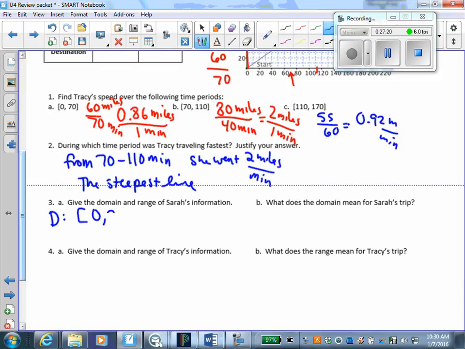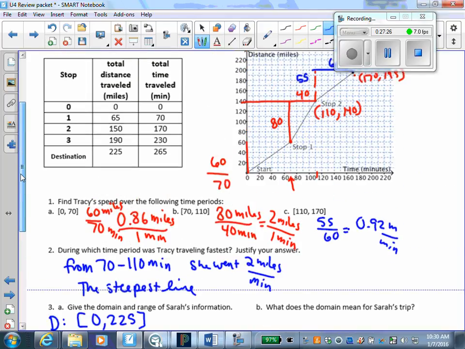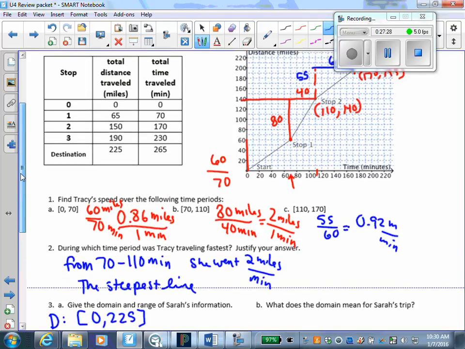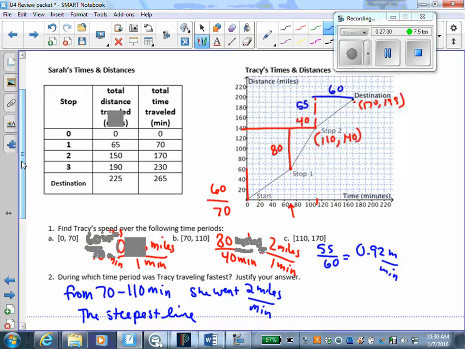And then the range is the time traveled. You know what? It says backwards. Time should come first, and distance should come second, because time is the independent variable, which should be the x. Distance should be the y. So this really should be reversed.